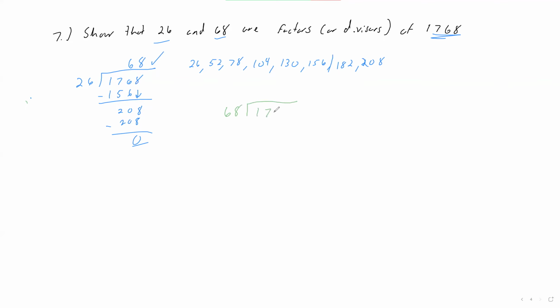So 68, 1768. Let's see. So 68 plus 68, that would be 136. And if we add 68 to that one, 204. So I can see it goes into it at least twice. Gives me 136. Remainder of 40, drop down the 8. So then I would go, all right, how many times does that happen?